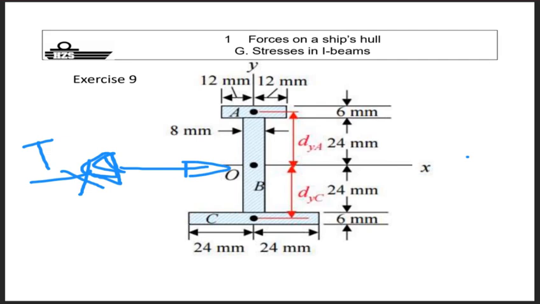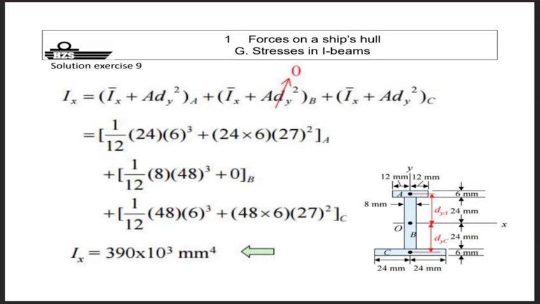So if you then go to the calculations, that I think you will find in the Word document as well, you have every segment individually. You need to know the Y of elements A, B, and C, and you need to correct them towards the reference line where you do your calculations, which is the surface multiplied by the distance squared.